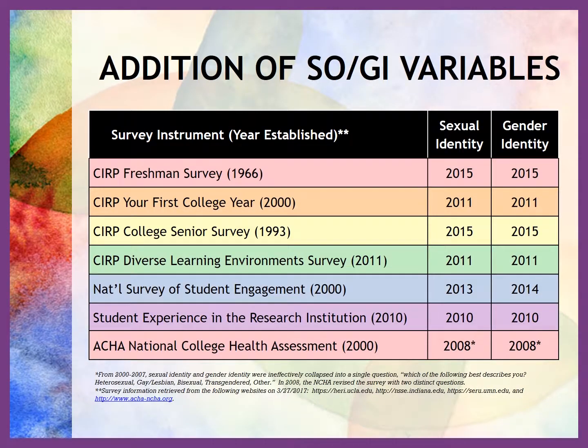Hooray. For those of you who don't know the history of large-scale studies on student experience, most survey research centers, with rare exceptions like the American College Health Association, have not included demographic variables for sexual orientation and gender identity until quite recently. As you can see on this slide, the addition of these variables has been staggered across the last 10 years on the surveys that were part of our study.